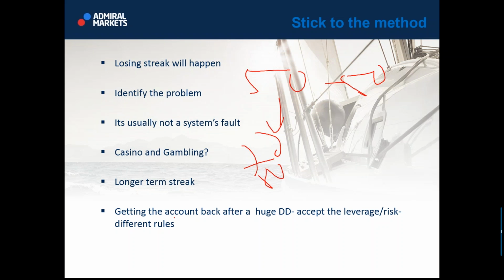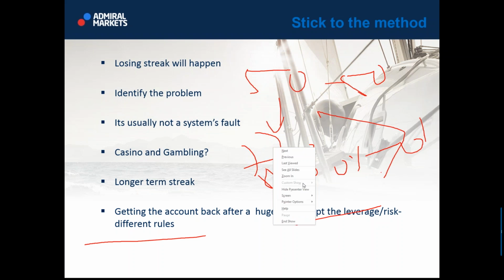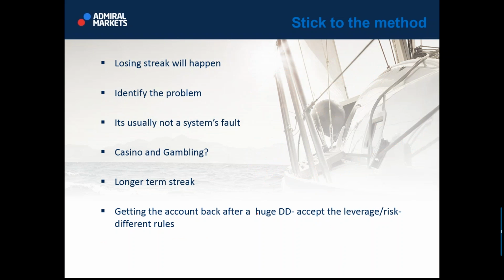Now, if you want to get the account back after a huge drawdown, then that is, guys, a different thing. If you have lost 70% of your account, then you definitely need to risk the rest of the 30%, and you need to accept the leverage and different rules. So getting out of a huge drawdown always requires a huge risk.